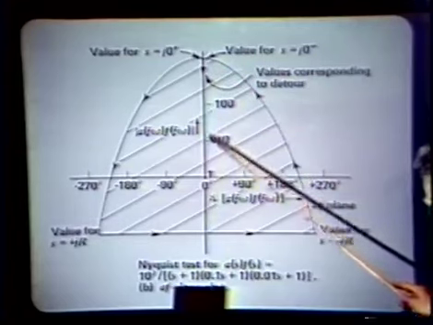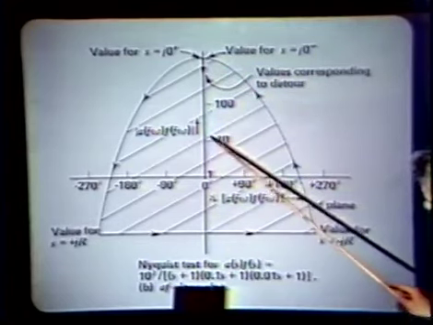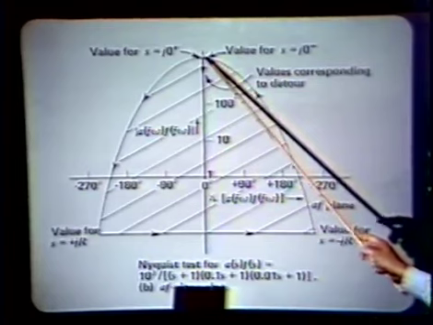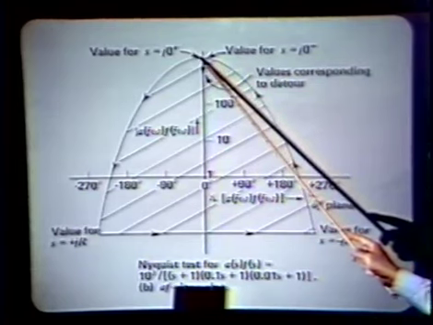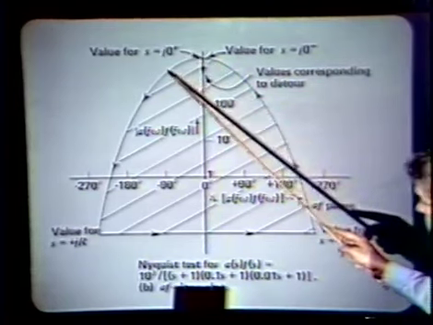Here we start out at a magnitude of 1,000 for S equals J0 plus.